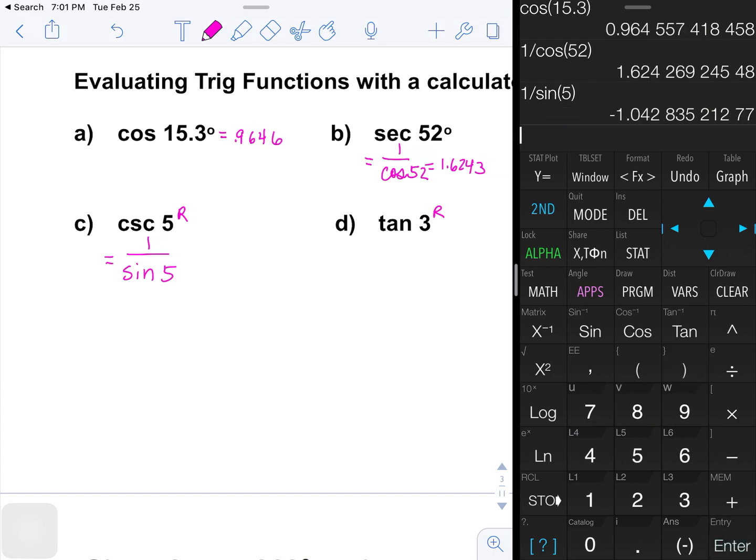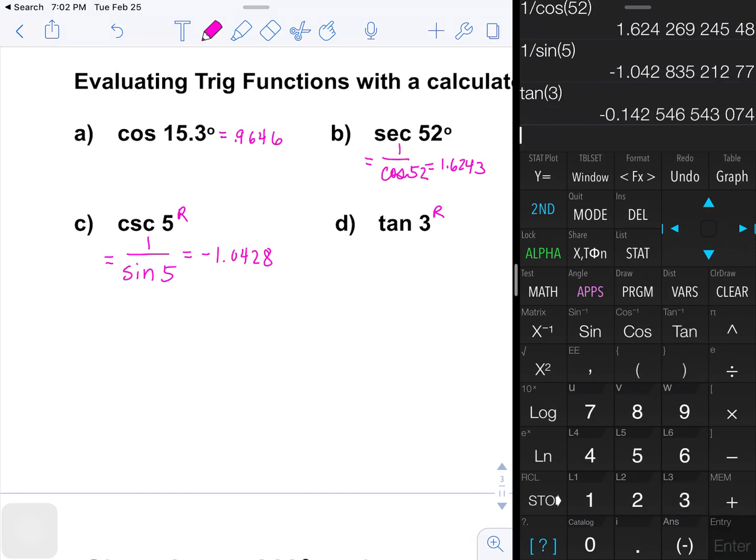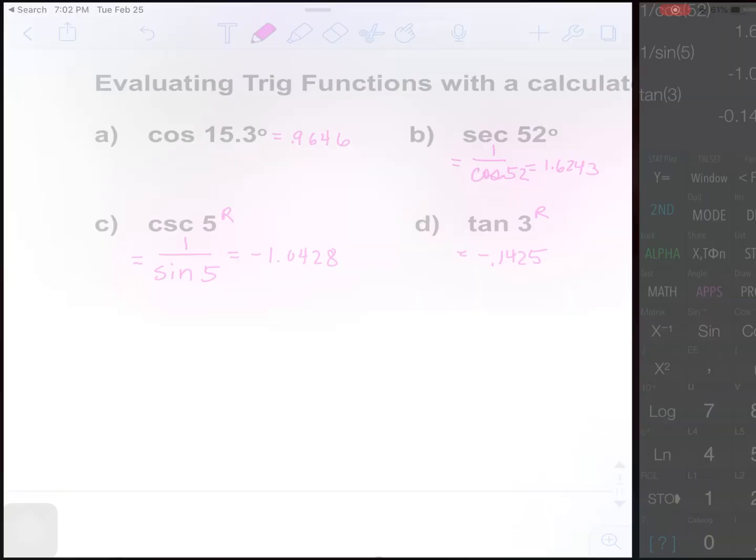And that is negative 1.0428. And then finally, tangent of 3 radians. Just press tangent of 3. And that is negative 0.1425. And that's all there is to it.